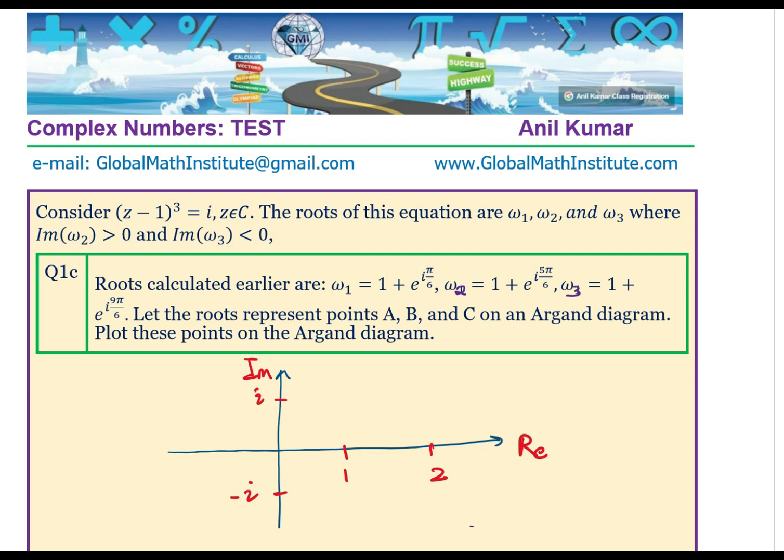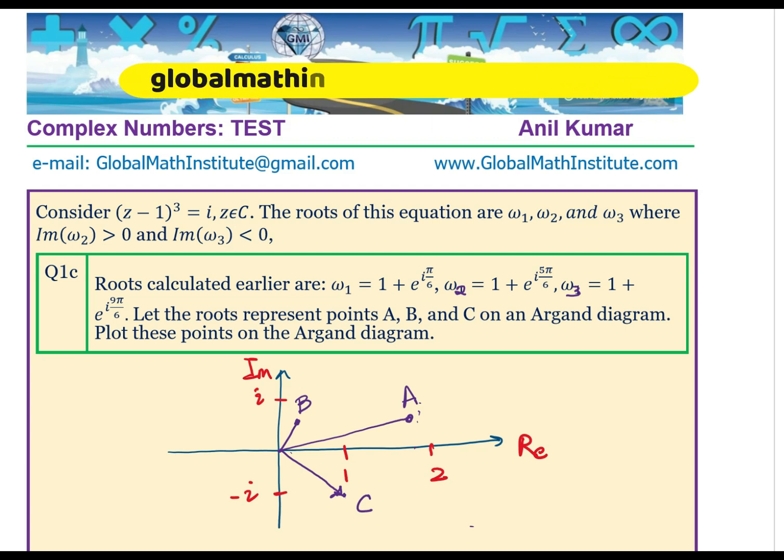Your points will be relatively like this: B was very close to 0, A was very close to 1 and half, and C was negative i. So these are the 3 points on the Argand diagram, which represent the roots omega 1, omega 2, omega 3. I hope that is absolutely clear.